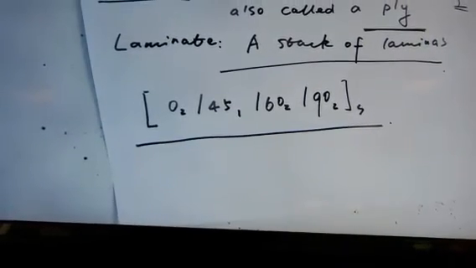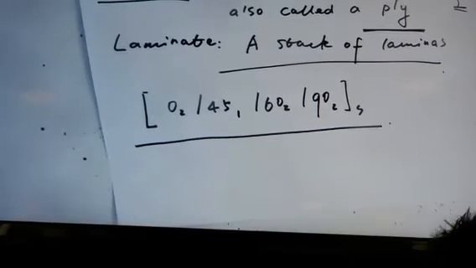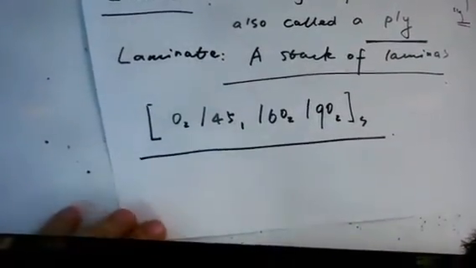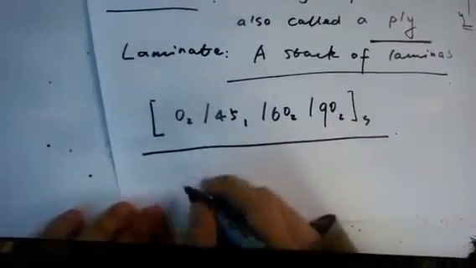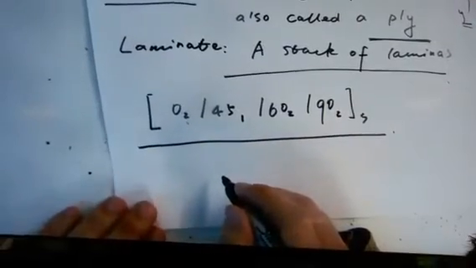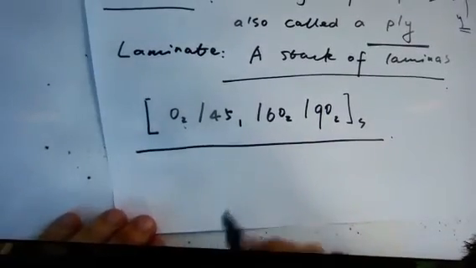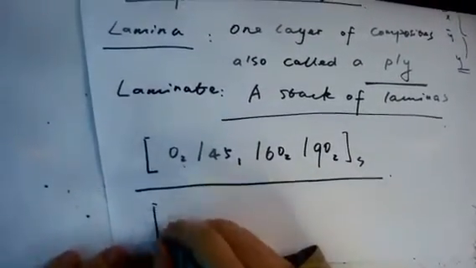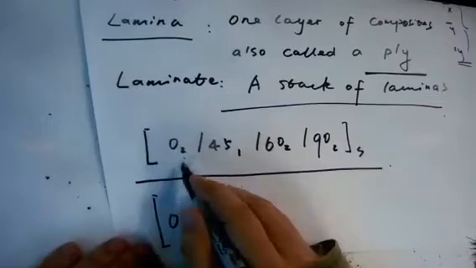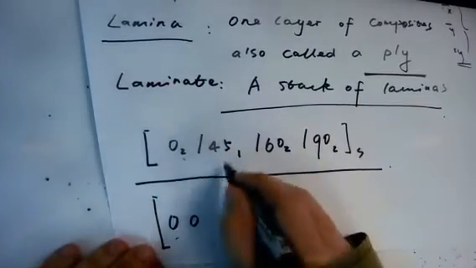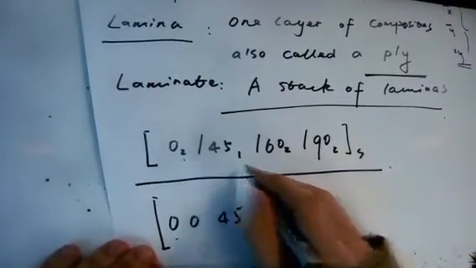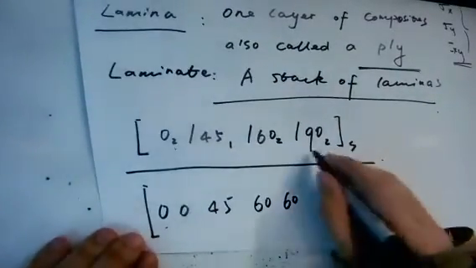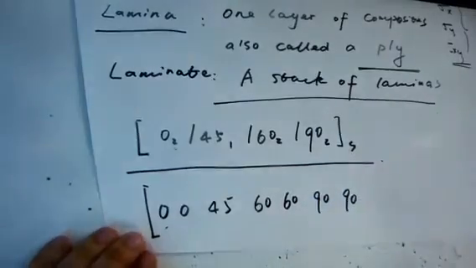This S means symmetry, okay? And the first 0 is the orientation of the filament in the first ply. The 2 is how many times you want to repeat that. So basically, I'm going to explain this to you. 0, 2 means two 0s here. Okay? 45, just one 45. And 60, 2 of them. And 90, 2 of them.